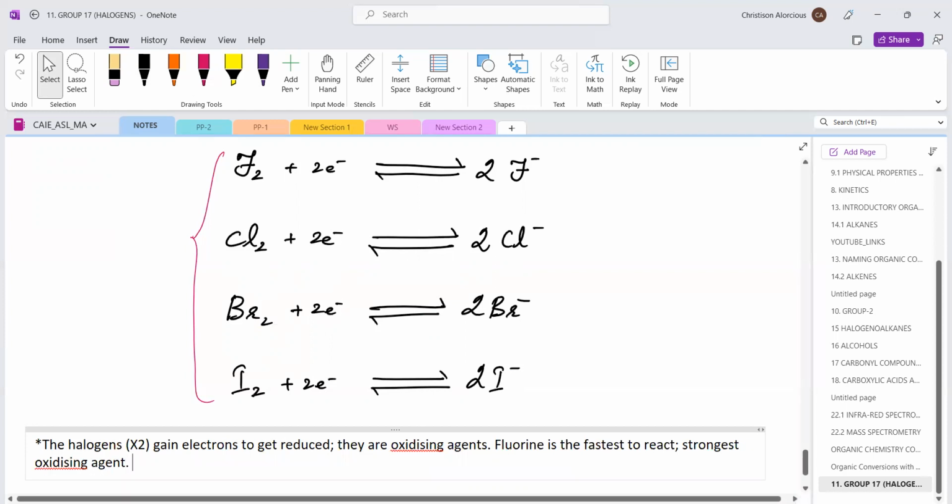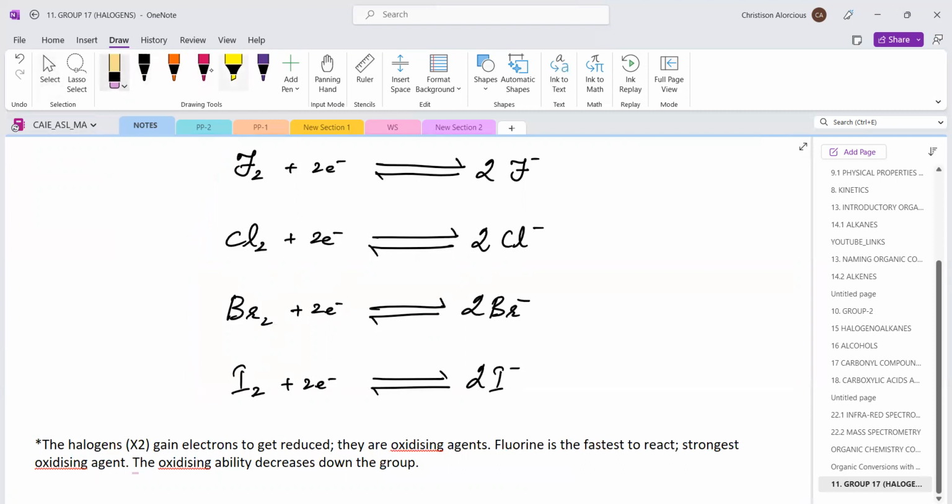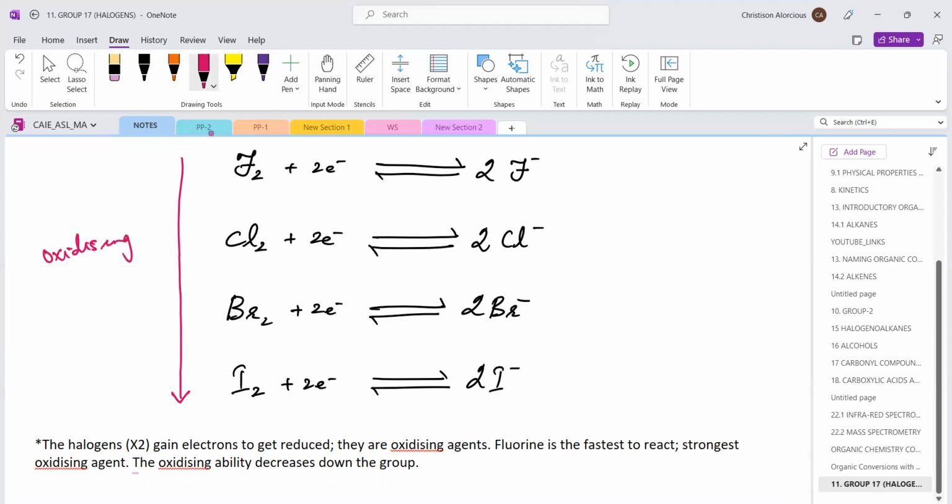So the oxidizing ability decreases down the group. So when you come from here to here, the oxidizing ability decreases down the group, so they become weaker oxidizing agents.